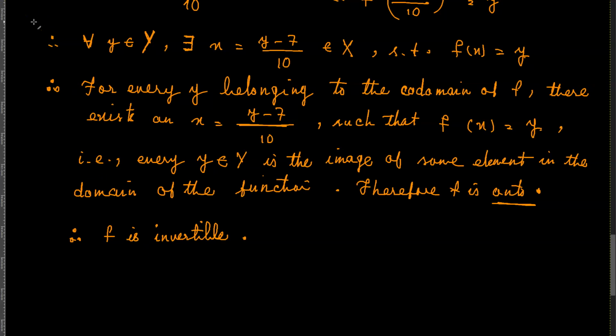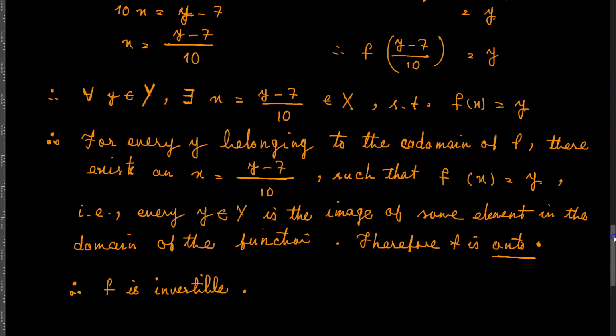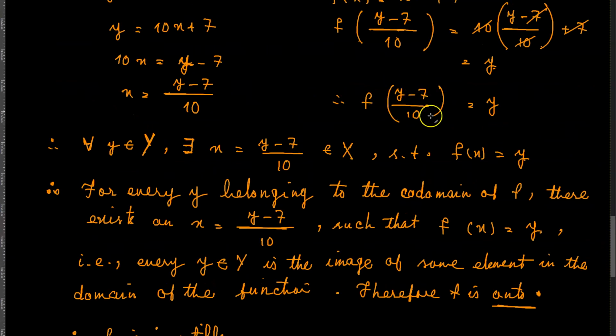Okay, so now that we know that f is invertible, we can use the function that we found here. So we said that for every y that you can find in the codomain of f, there is some (y minus 7) divided by 10 that gets you to that y.